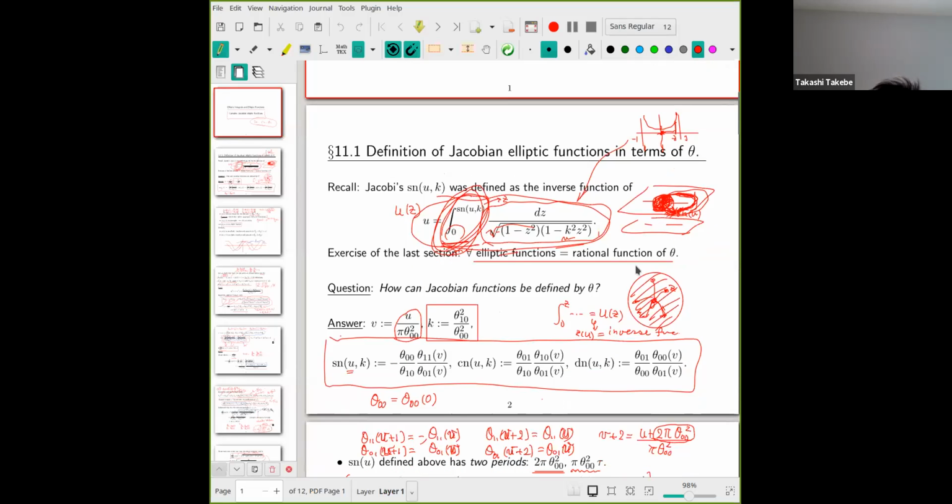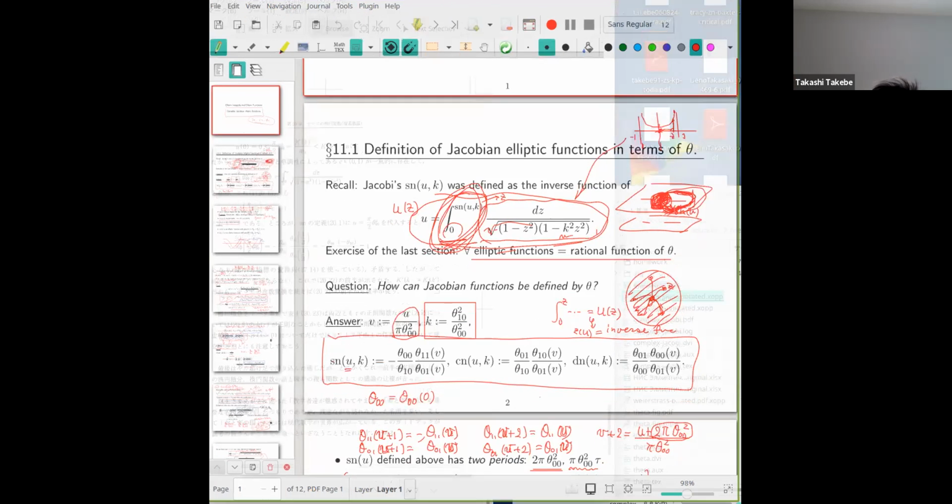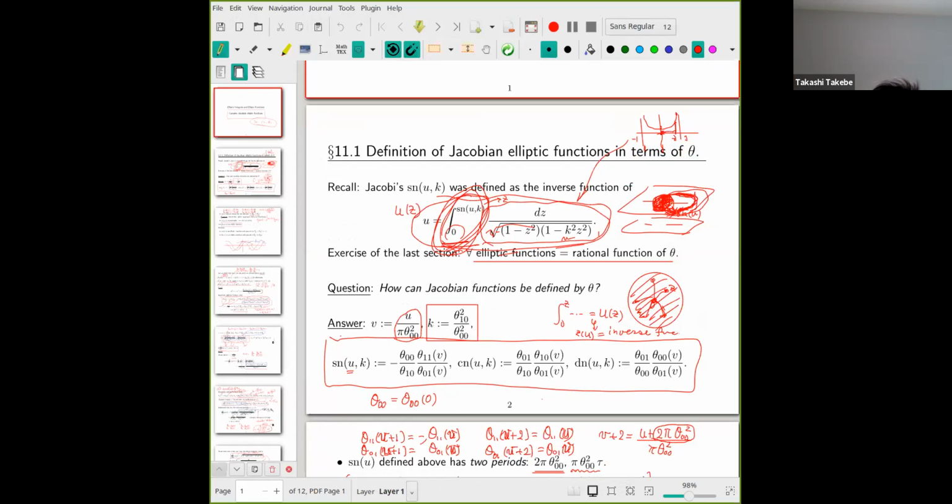But we discussed that any elliptic functions can be expressed as a ratio of theta functions.